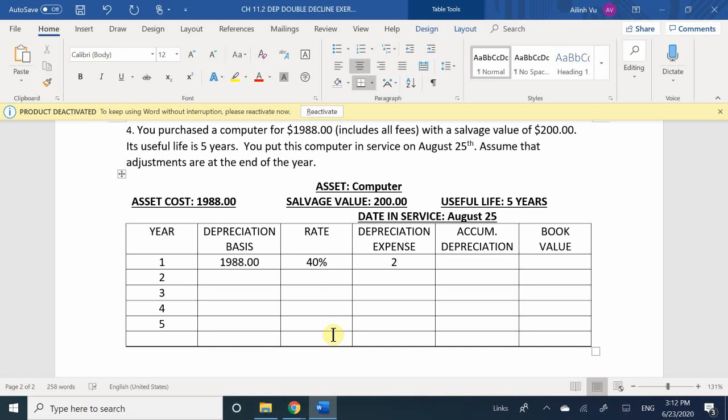So for this one, 1988 times 40%, times 0.4. And then you could just divide the whole thing by 3. So it's 795.2, and then you divide it by 3, and you get 265 and 7 cents. And 7 cents is correct.